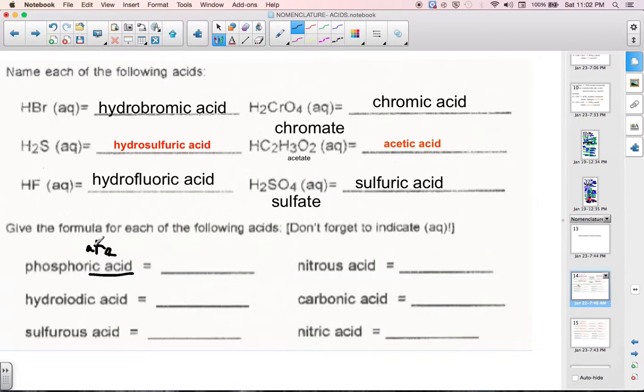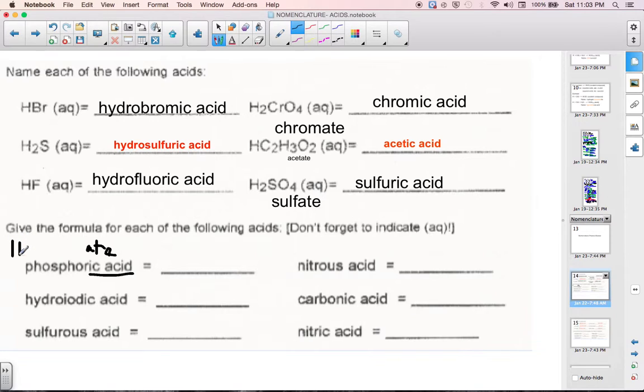If this is the phosphate ion, what I have to do is find the phosphate ion. And if you look at the back of the periodic table under the polyatomic anions, you will see that the formula for phosphate is PO4.